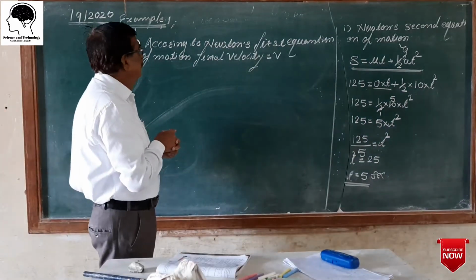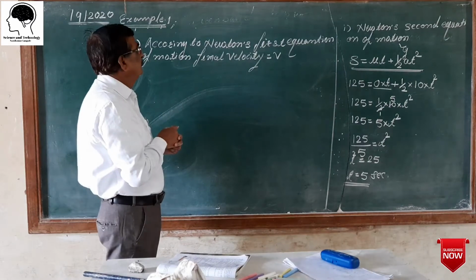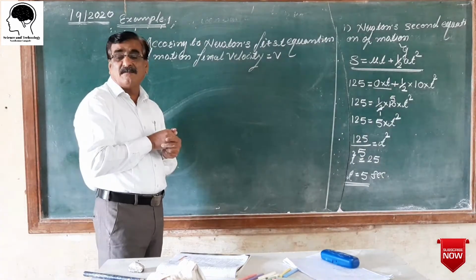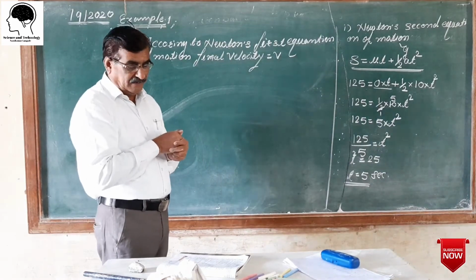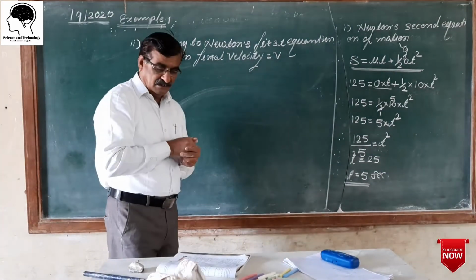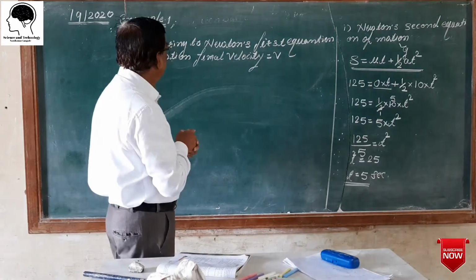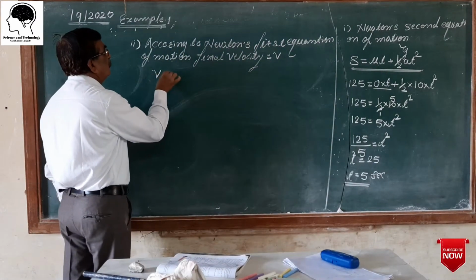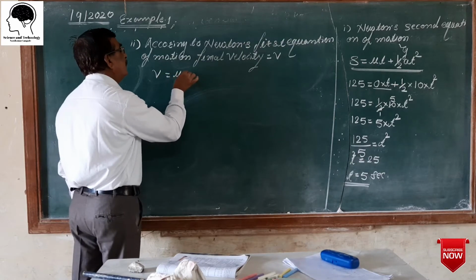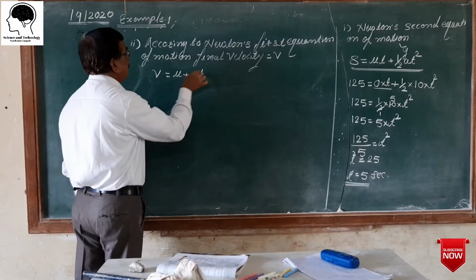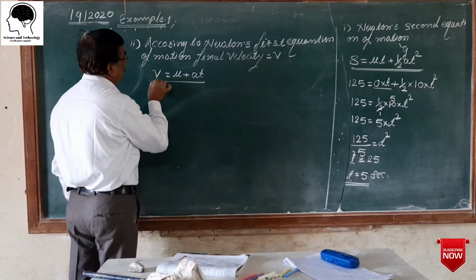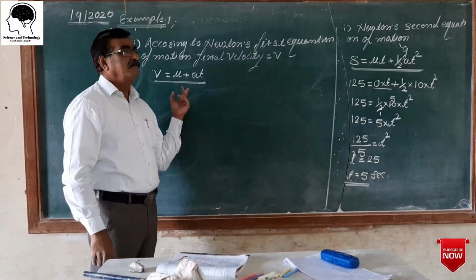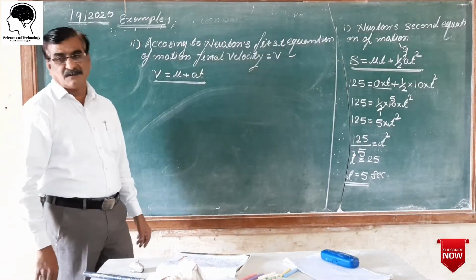Thus, we have to choose Newton's first equation of motion. What is that equation of motion? That is, v is equal to u plus at. It is the first equation of motion of Newton's.